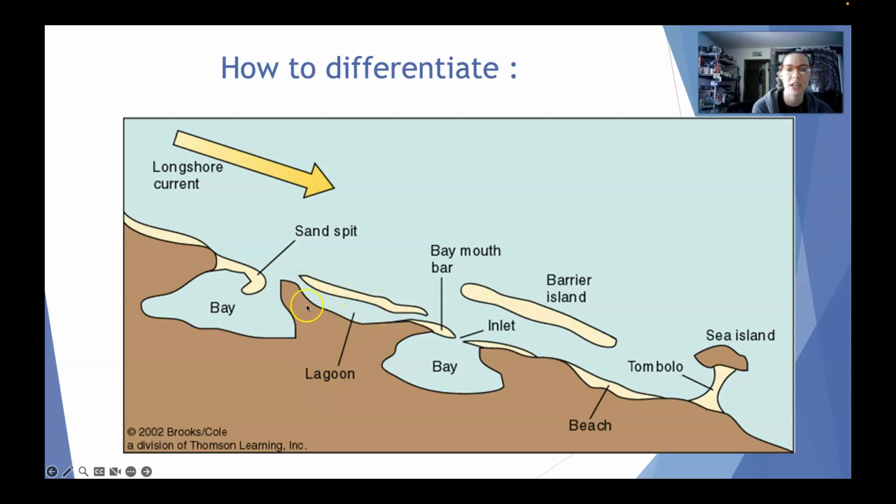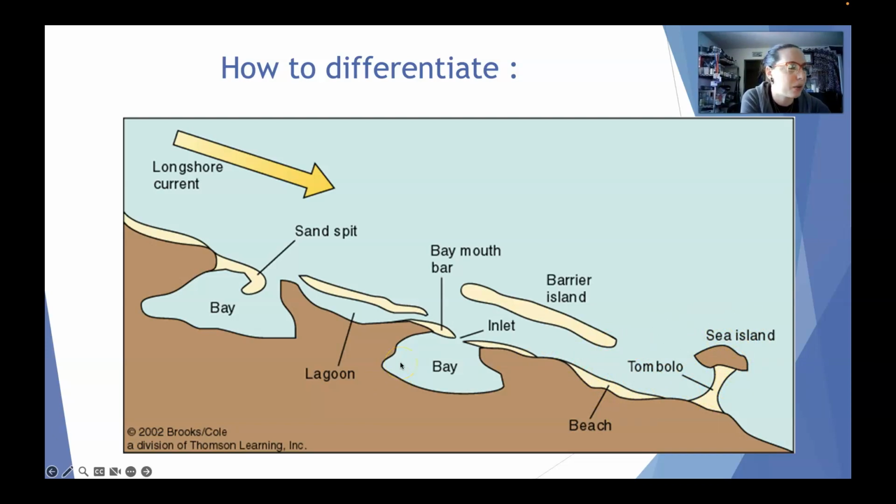We have a lagoon here, which is basically the little piece of water in between what could be a sandbar or a barrier island and the actual mainland area. Here we can see the bay mouth bar and a bay in and of itself, as well as a barrier island here, further out from the mainland area, but can still do some protection. Then, of course, a beach and then a tombolo, which connects to the sea island.